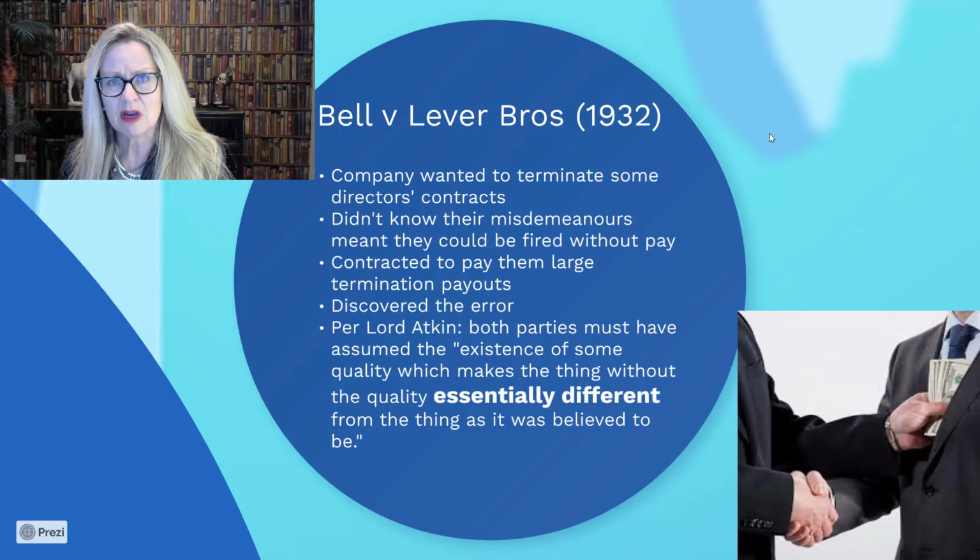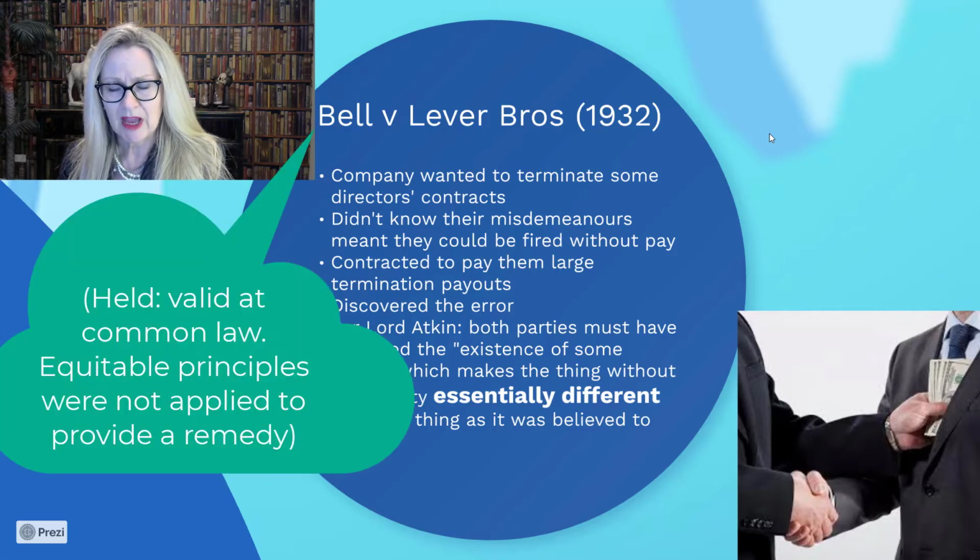The outcome was that you had severed the employment relationship. Whether you've paid the money to do that or whether you haven't, at the end of the day, that contract achieves exactly the same thing, which is you're severing the director's relationship with the company. And therefore, it's not essentially different, not void at common law.